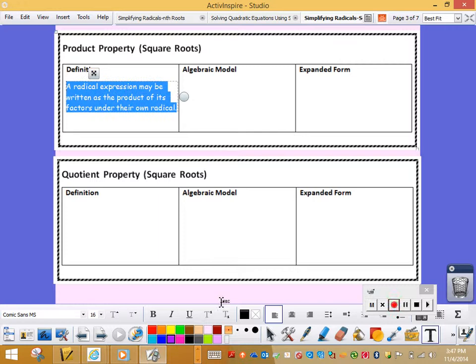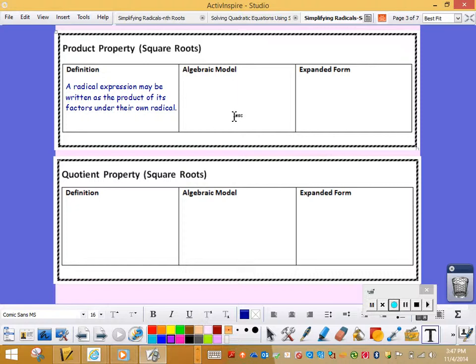A radical expression may be written as the product of its factors under their own radical. That's the definition.